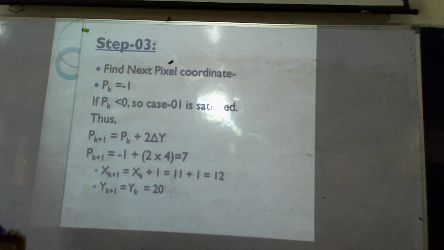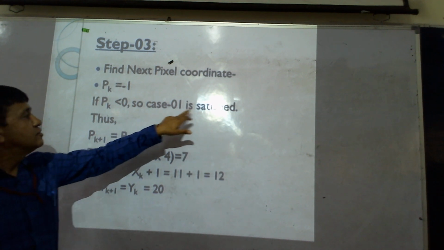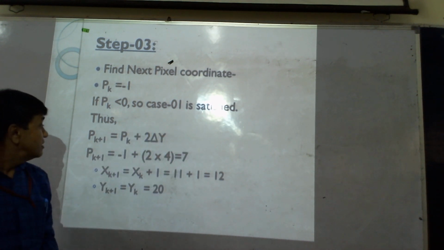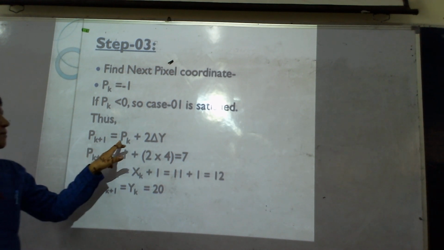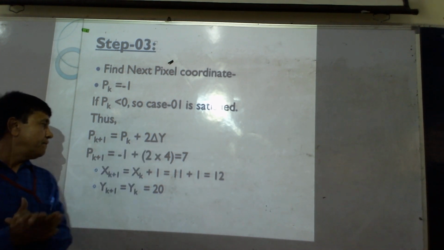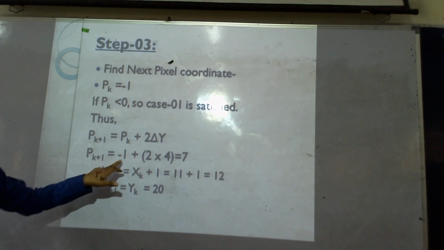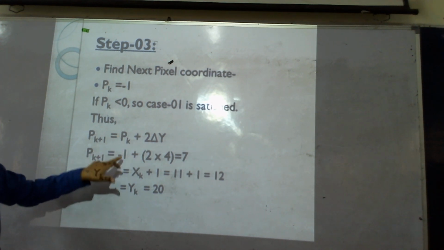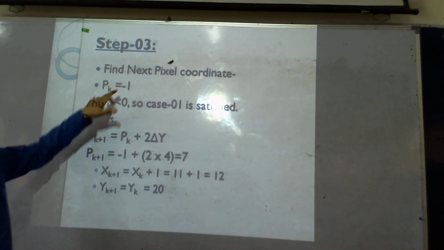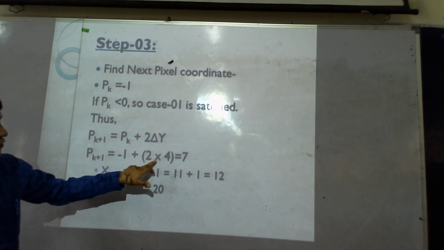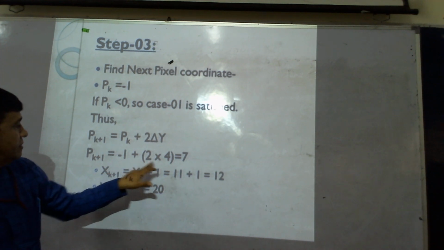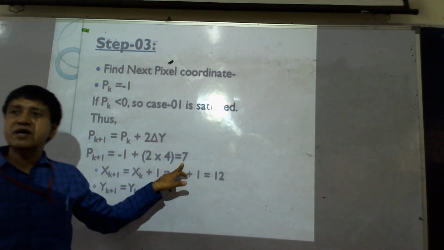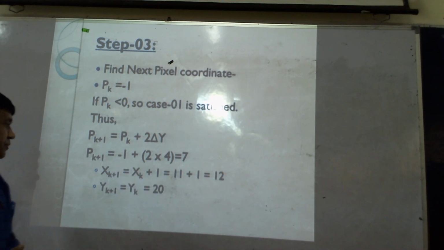In this case, case 1 is satisfied, so we will calculate the distance parameter now using this equation, pk plus 1. This is pk, put the value of pk here, this is minus 1, and 2 into delta y, which is 4, and pk plus 1 we have got here is 7.